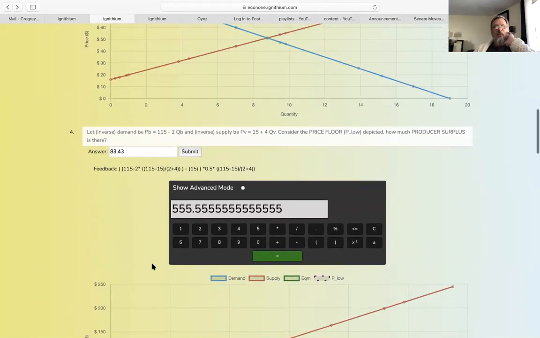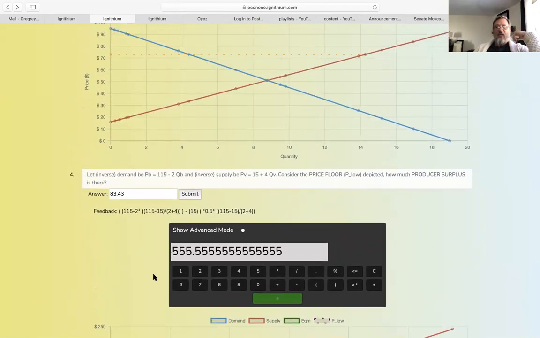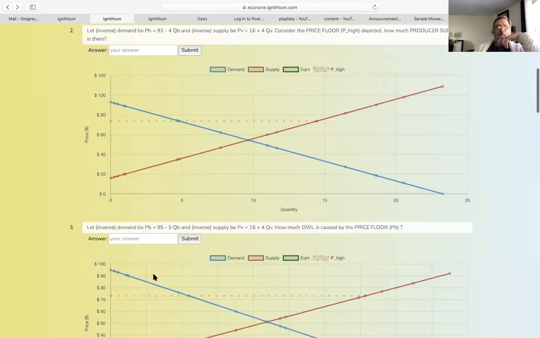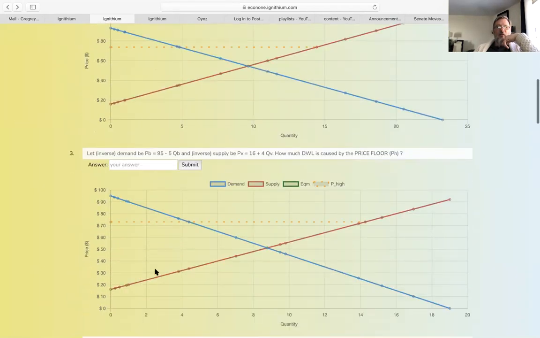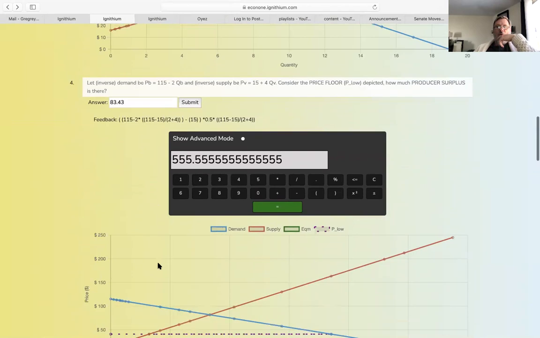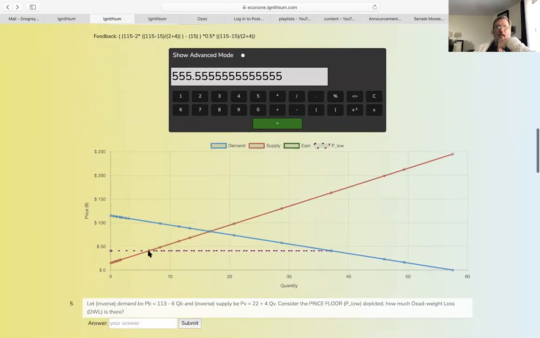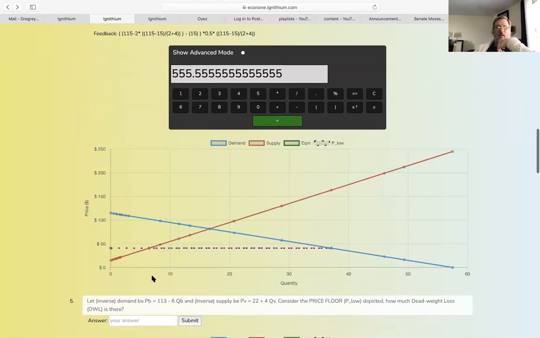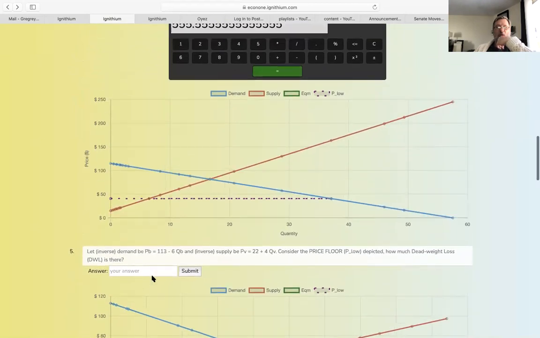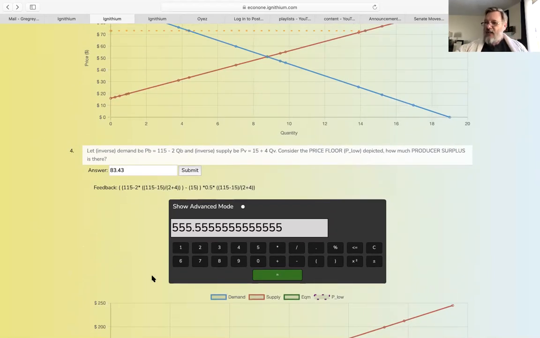Yeah, so this one is goofy because it says that it is price floor and it's a price ceiling. Oh. Yeah, I just got that one wrong too. Yeah, that's weird. I have to take a note.